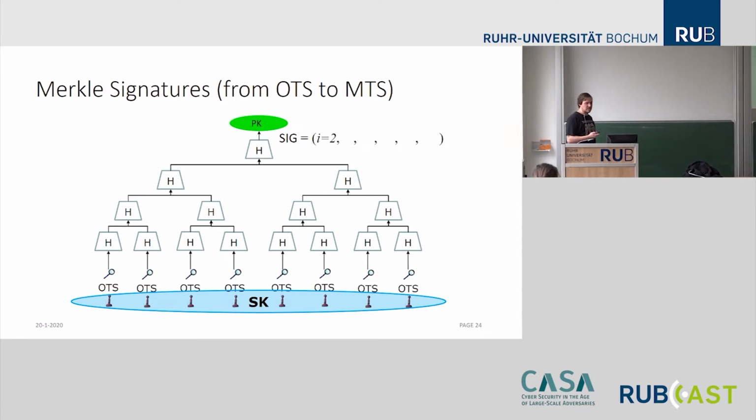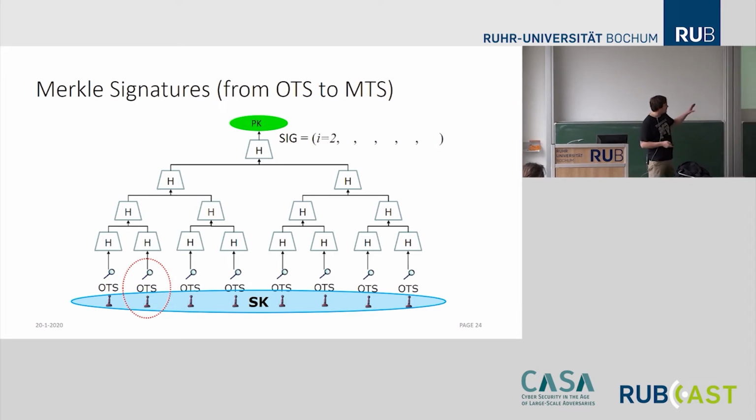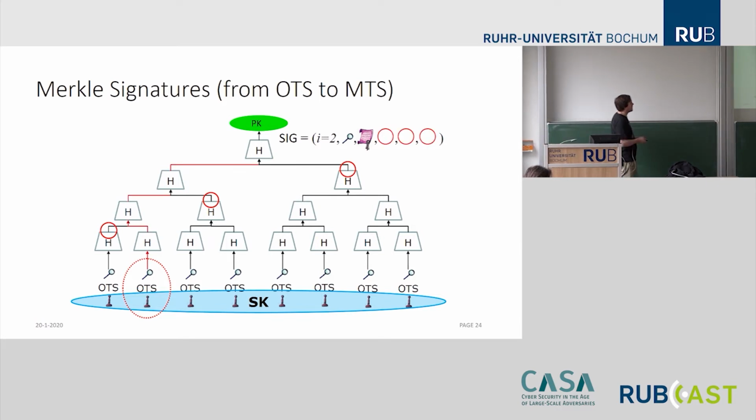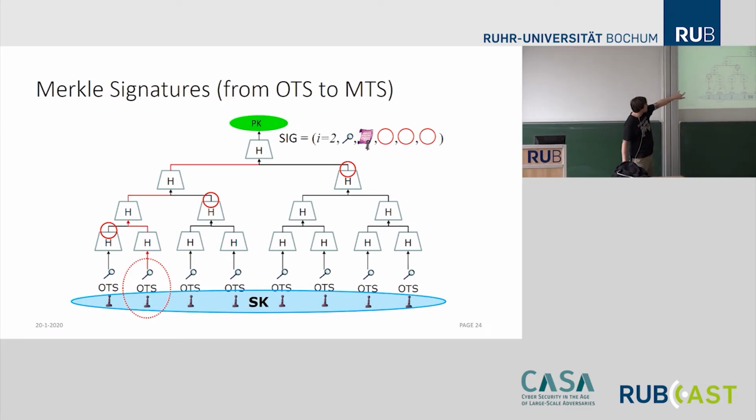And then if I sign, for example, the second message, I take the second one-time key pair, I put into my signature the index of this key pair, then I put the one-time public key and the one-time signature on the message. And in addition, I have to put this so-called authentication path, which is all the internal nodes of the tree, which are siblings to the nodes that I can compute from the one-time public key that I used.